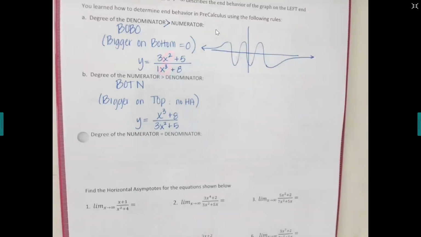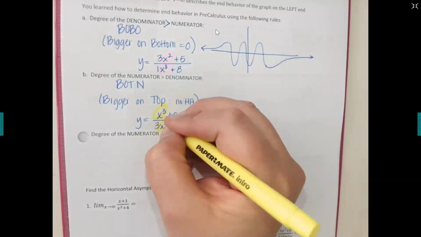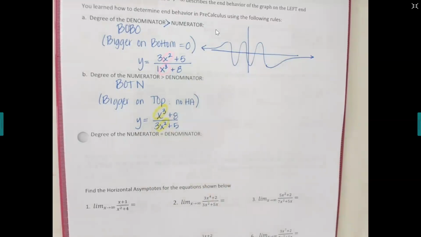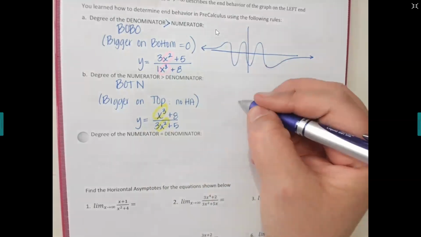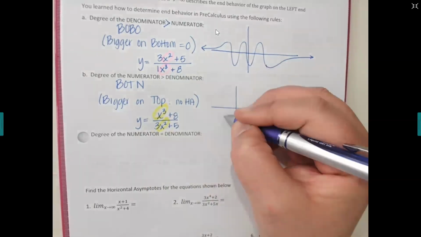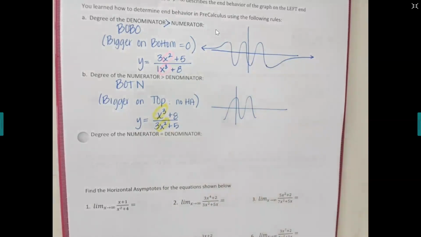So then you would be looking at your powers, or your degree, that's what that's called. And you would say, I have an x cubed versus an x squared. The x cubed is the bigger one. It's on top. That makes it a Bot, which means it's no asymptote. Here's what that could look like. Draw a little crazy guy in the middle.